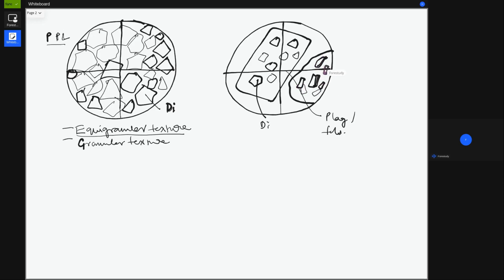This is also a poikilitic texture, where there is a big host mineral and smaller included minerals. Smaller crystals of one mineral enclosed in larger crystals of another mineral is called a poikilitic texture, whereas a rock containing equal-sized grains has an equigranular or granular texture.